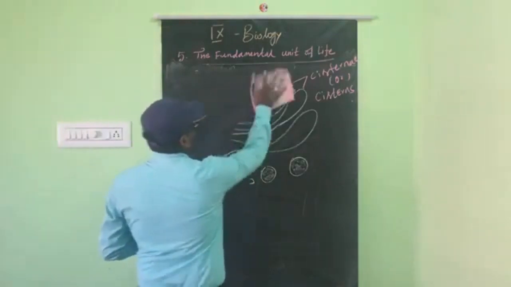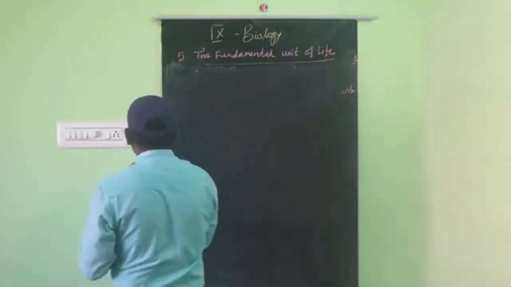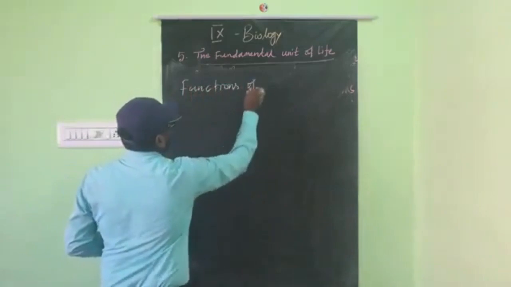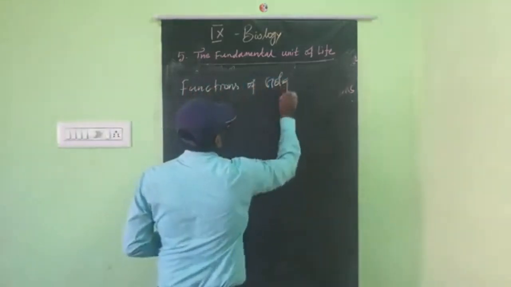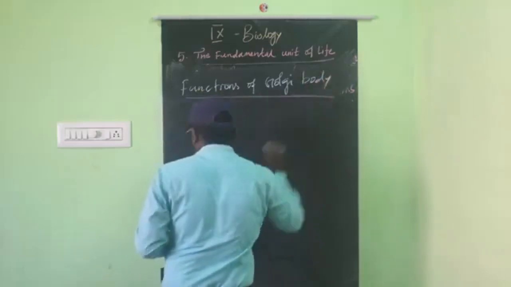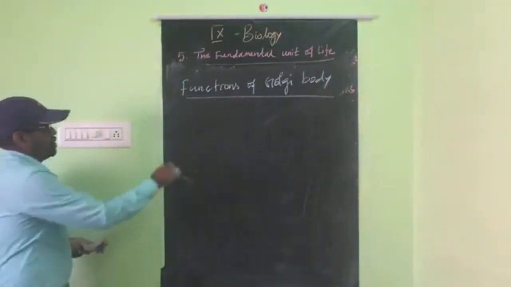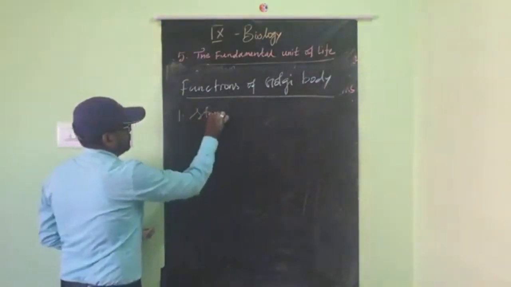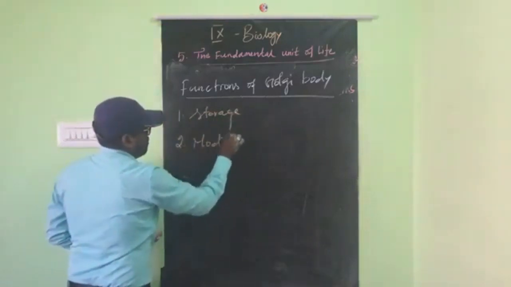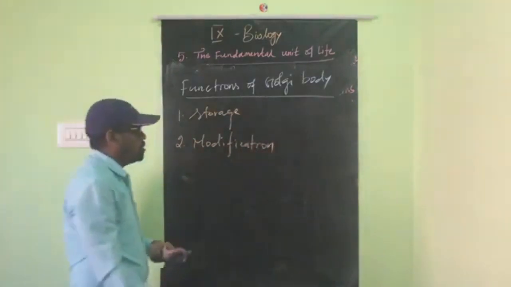And functions. Every cell organelle has a specific structure and functions. Functions of Golgi bodies or Golgi apparatus. The first function is storage. The second function is modification. How is it modified?